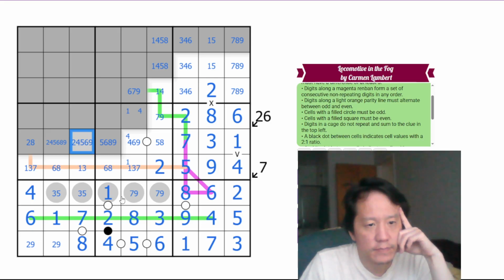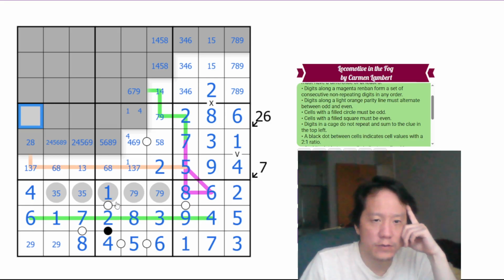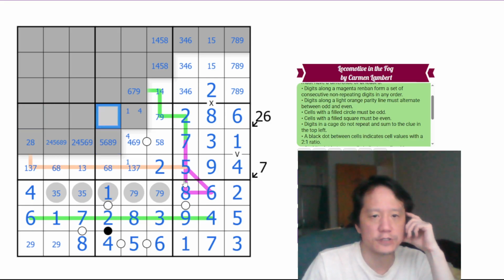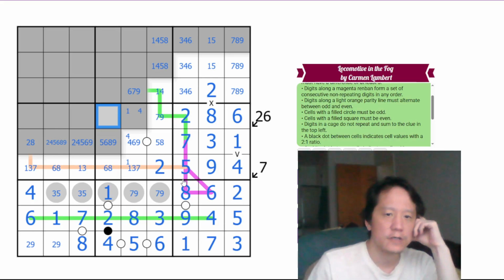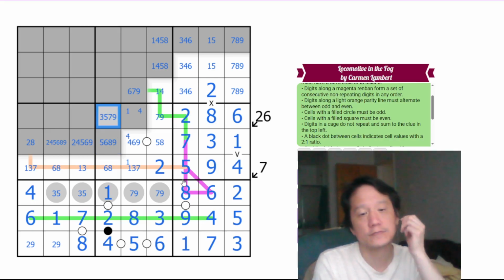What about these digits? Can't be 1, 2, could be 3, no 4, could be 5, no 6 or 8, so this is 3, 5, 7, 9.